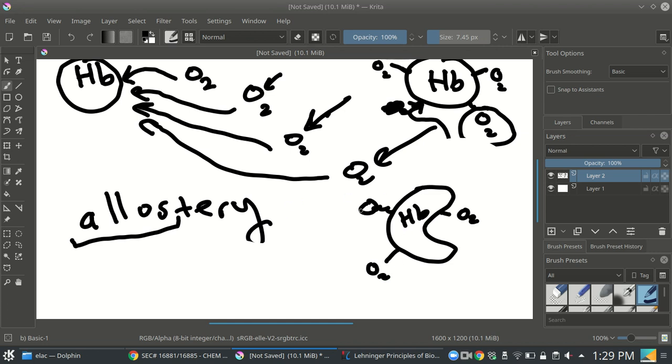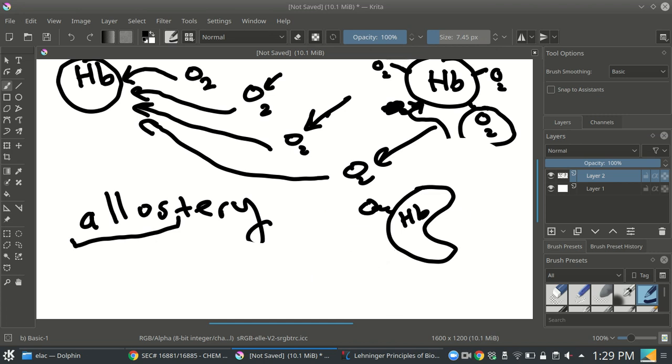So this is something that is not related to who the ligand is, not related to the concentration of the ligand, right? That affects how much ligand you can bind, or how well the protein can bind to ligand. That is allostery. You change the shape, and then you change the ligand binding. That's allostery.